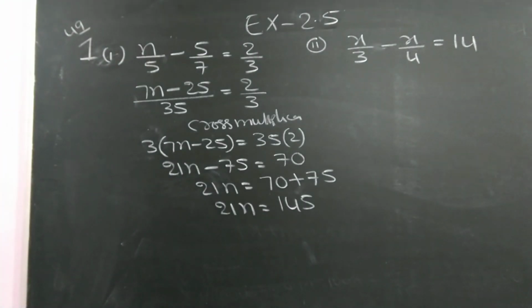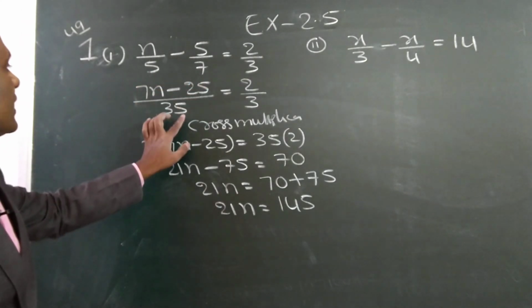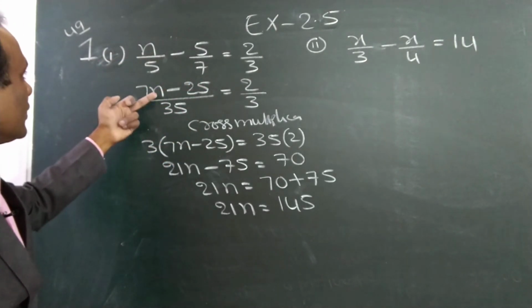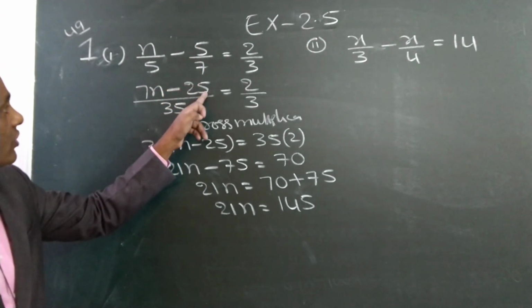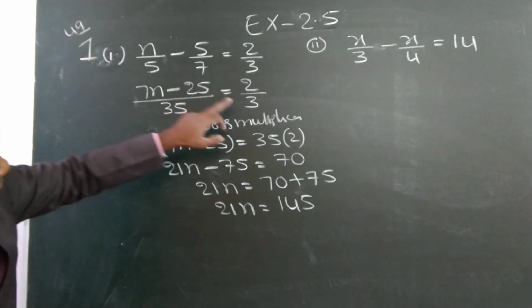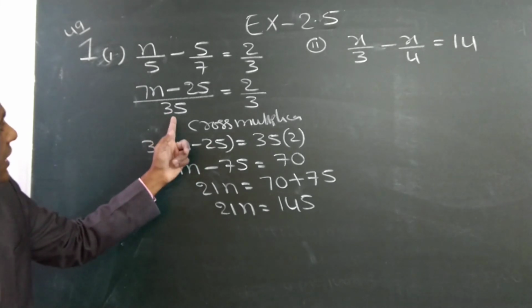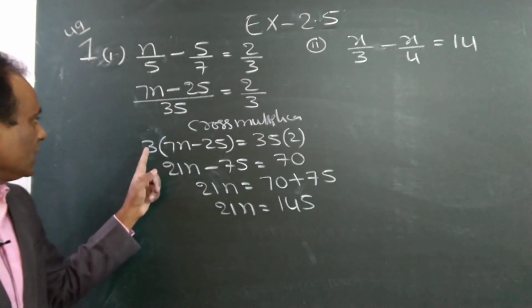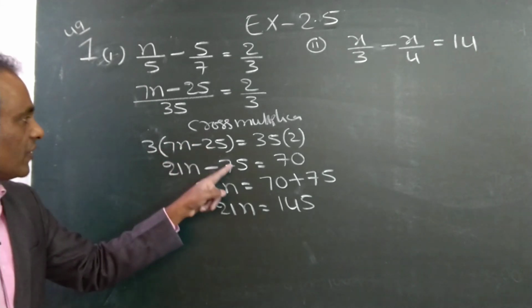Do the simplification. 5 and 7, the LCM is 35. 5 sevens, 7 into n, 7n. 7 fives, 5 into 5, 25. 2 by 3. 3 into this, cross multiplication, this denominator into this numerator. 3 into 7n minus 25, equal to 35 into 2. 35 twos are 70. 3 sevens are 21n. 3 into 25 is minus 75.